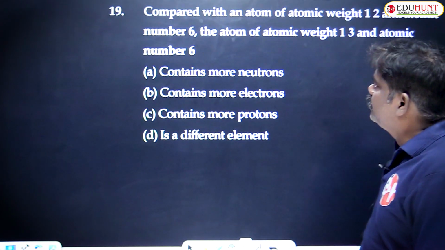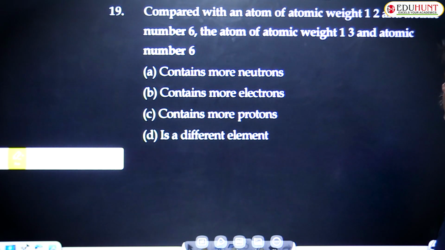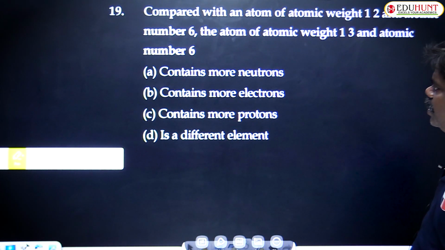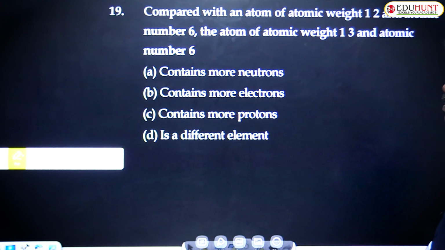Now, compare an atom with atomic weight 12 and atomic number 6, with another atom of atomic weight 13 and atomic number 6.